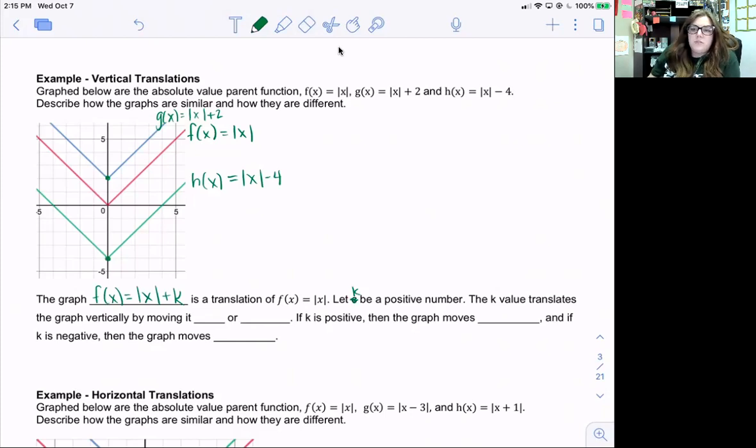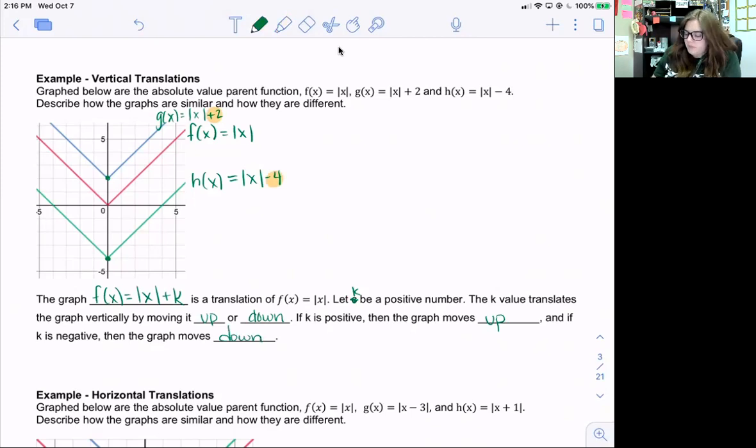The k value translates the graph vertically by moving it up or down. If k is positive, our graph moves up. And if k is negative, our graph moves down.